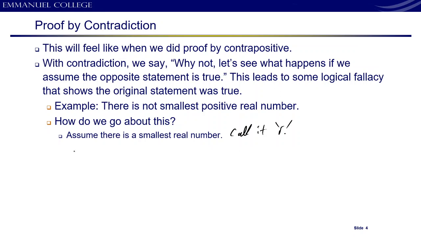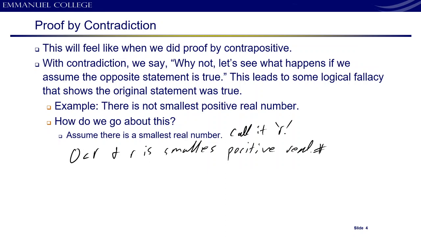So 0 is less than r, and r is the smallest positive real number. So if you look at that at first and go, okay, makes sense. Based on my assumption, I'm assuming the opposite. Now, I'm going to use a half because it makes sense.